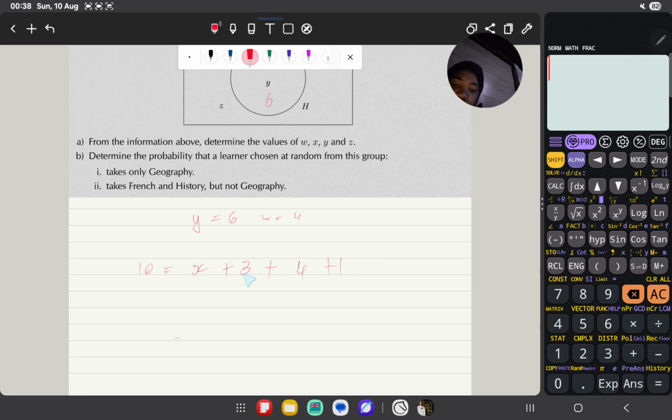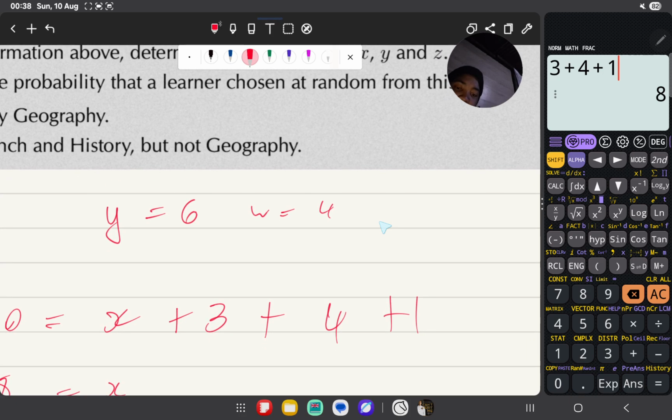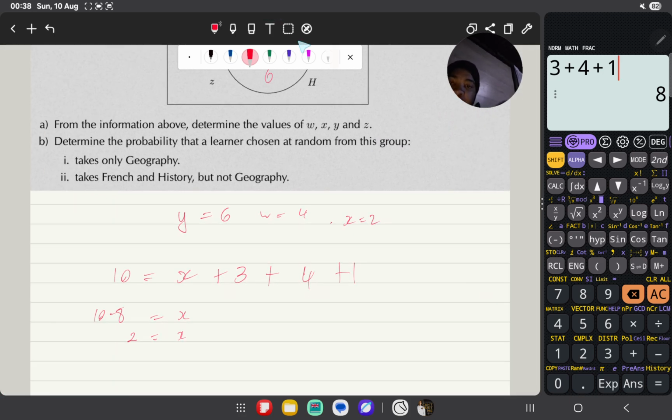So that means this is 7, this is 8. 3 plus 4 is 7, 7 plus 1 is 8, right? So that's going to be 10 minus 8, which is 2, which is x, right? So x is going to be 2.